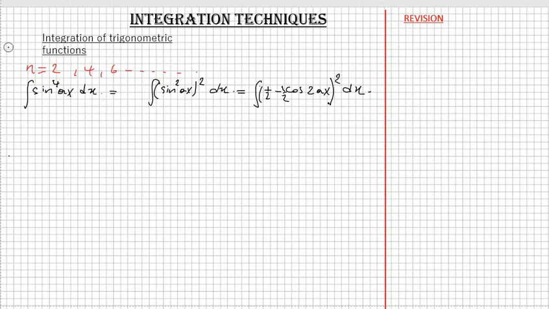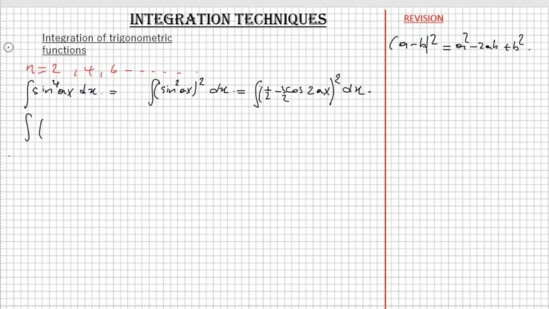So the next thing to do is to expand the expression that is within the bracket. So remember that if you have a minus b all square, that gives a square minus 2ab plus b square.